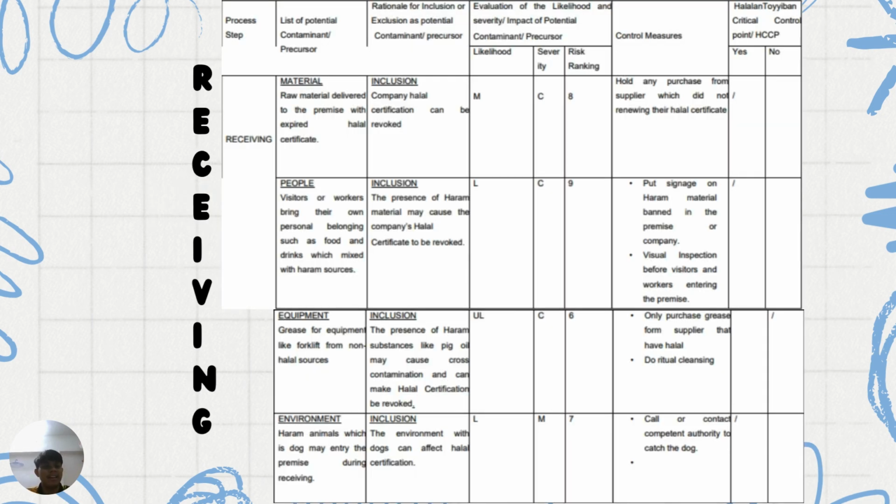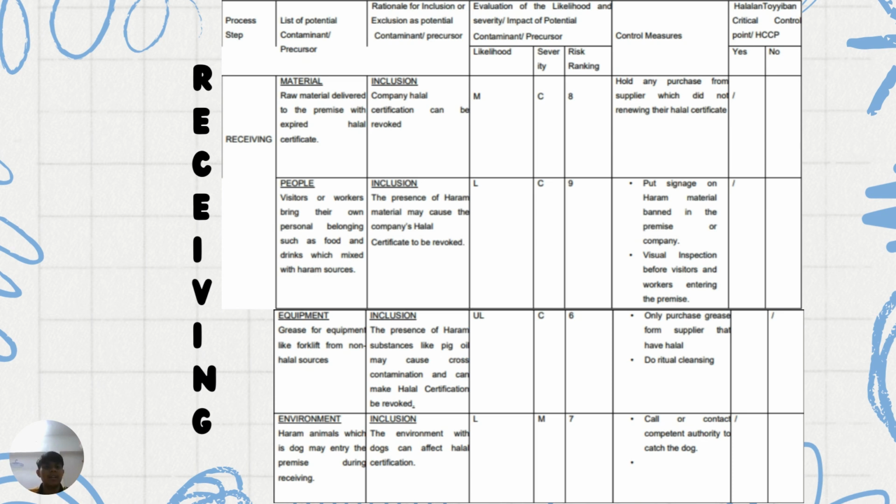The first flow that I investigate is receiving. Why I choose receiving? Because the list of potential contaminants is first, I take from raw material delivered to the premise with expired halal certificate.